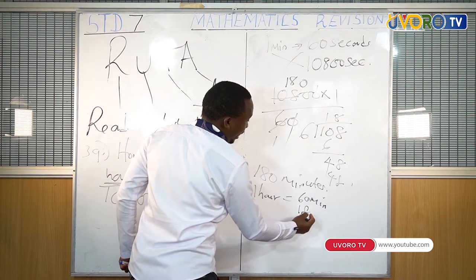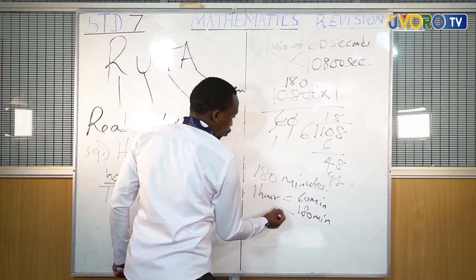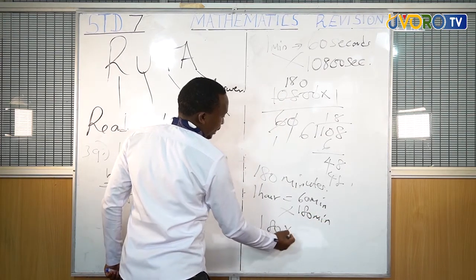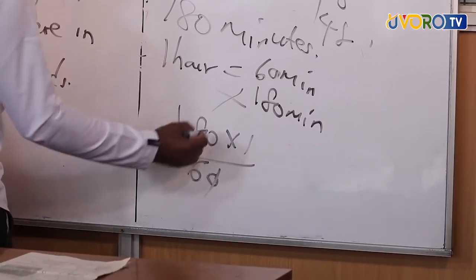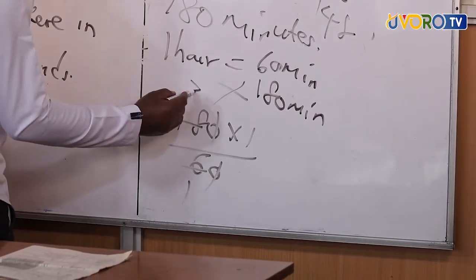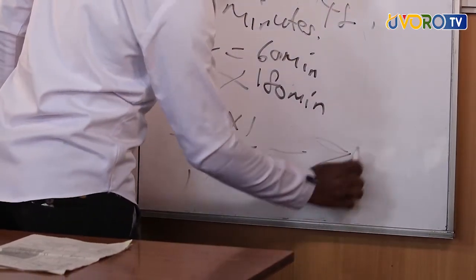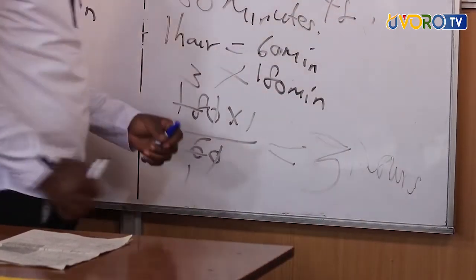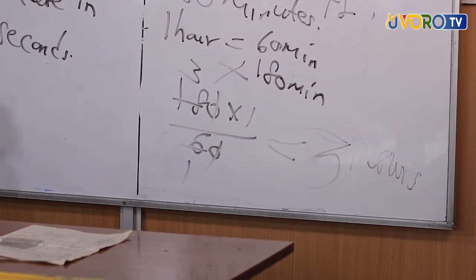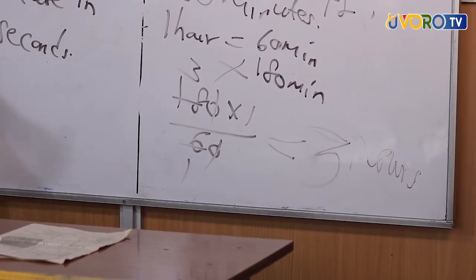What about 180 minutes? You cross multiply: 180 times 1 over 60. By 6, 1 by 6, what? 3. It gives us what, pupils? 3 hours. The answer to A is 3 hours.